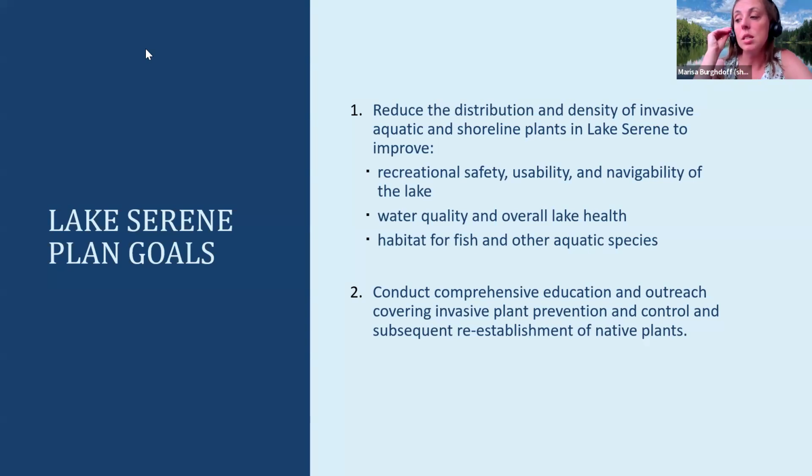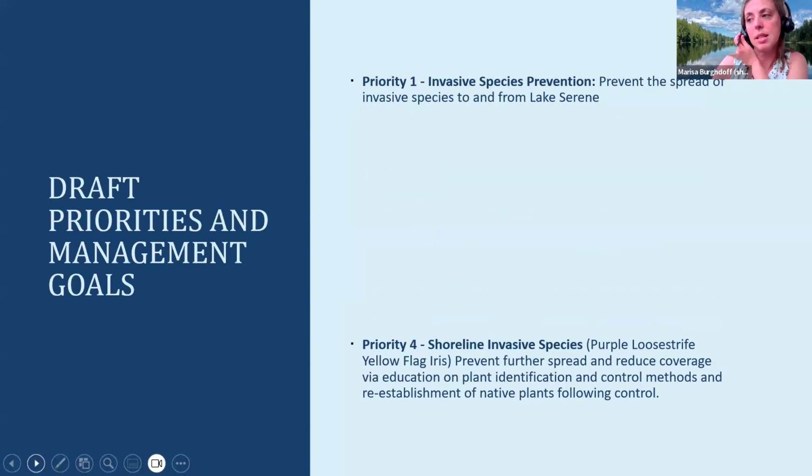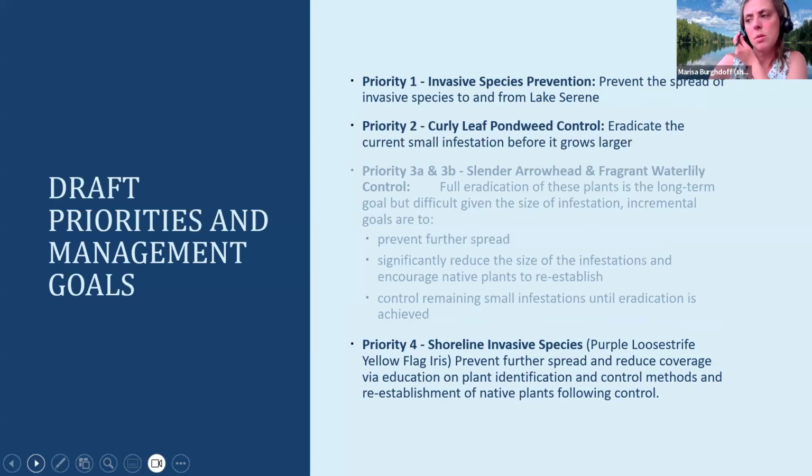The second is to conduct comprehensive education and outreach covering invasive plant prevention and control and subsequent reestablishment of native plants. Okay, so let's see, flipping to the next slide. Not sure why that happened.